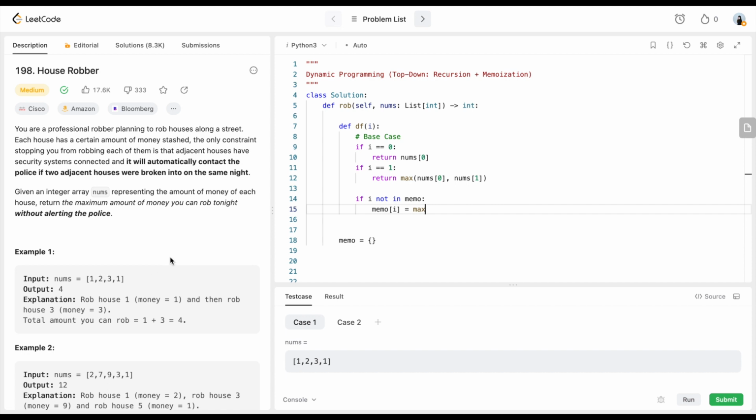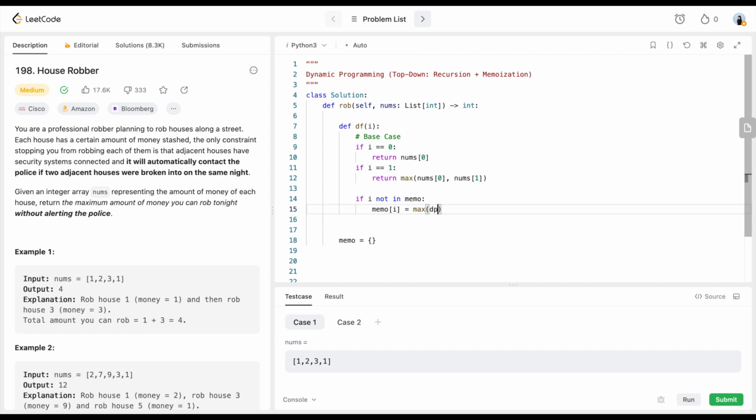basically the recurrence relation of each state. We want to check if we're at house 3, whether we want to take house 3 and house 1, or we just take house 2. So we want to find the maximum between those 2.